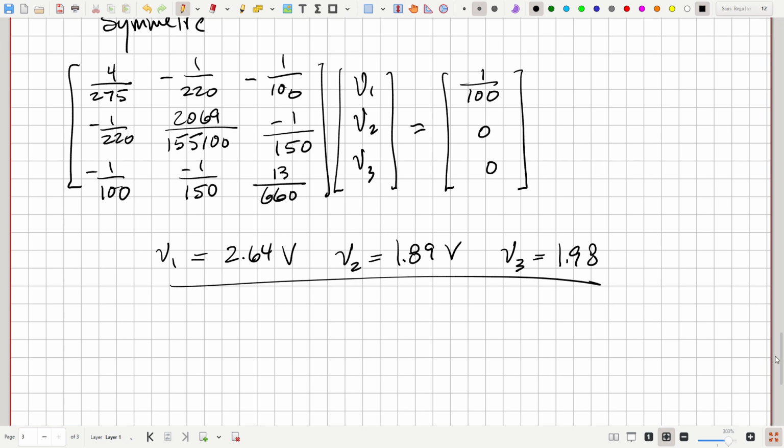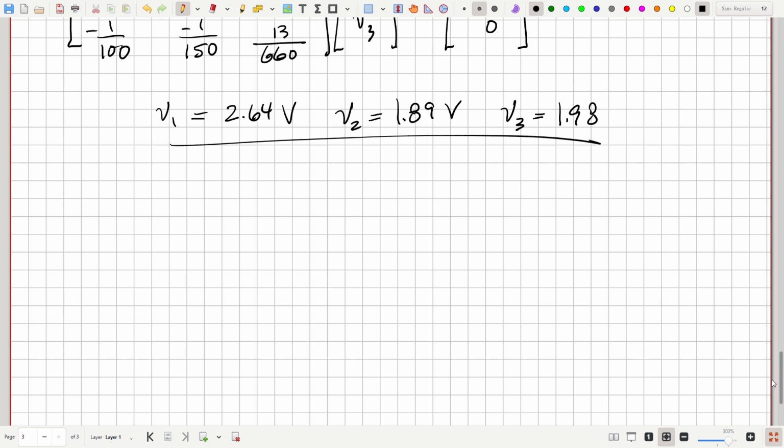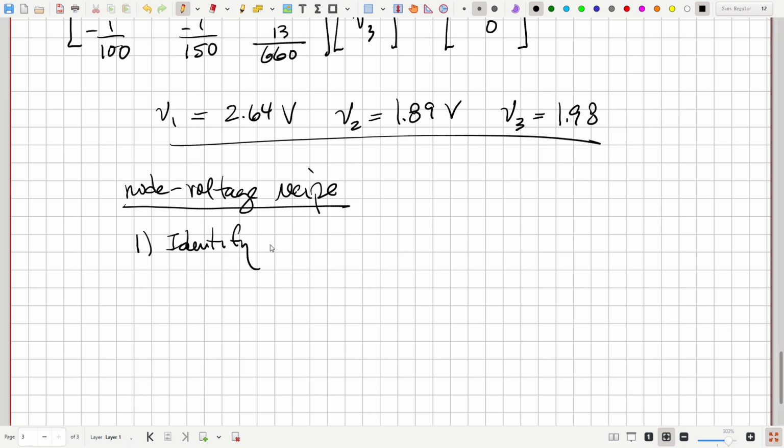So we can summarize everything we've done so far as a recipe. Let's just call this the node voltage recipe. Step 1. Identify all essential nodes. Step 2. Select a voltage reference, one of those essential nodes.